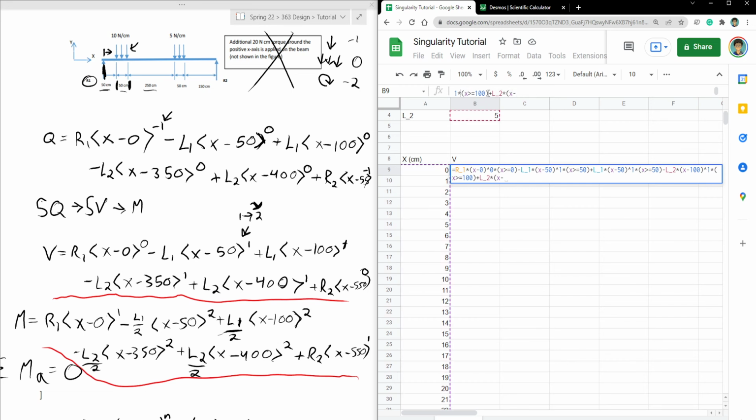Oops, now I have some of my variables wrong. So L1 turns on at 50 and it turns off at 100, so these should both be 100. Then L2 turns on at 350 and it turns off at 400.